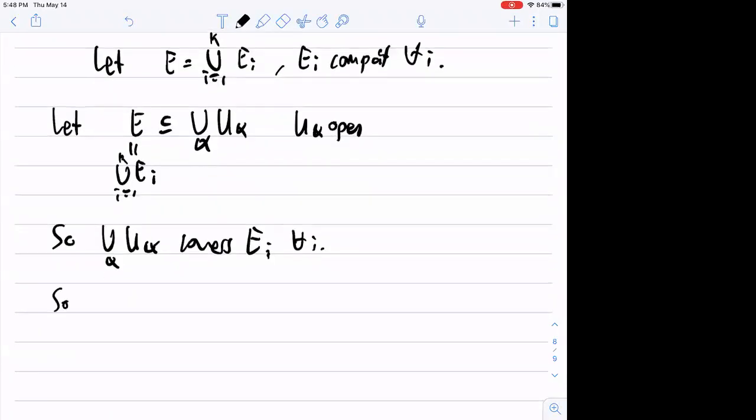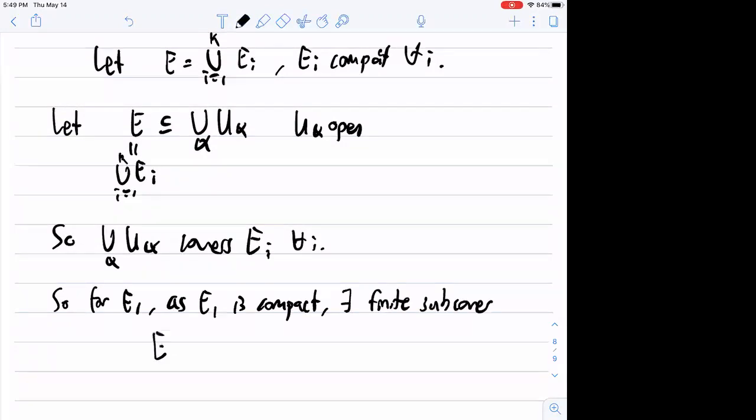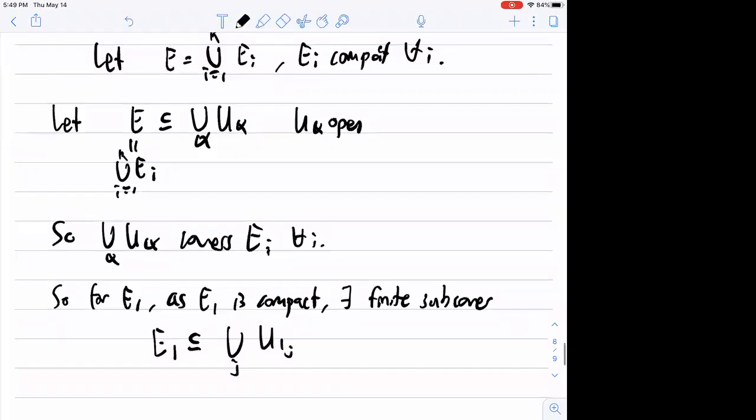So let's say for E1, as E1 is compact, there exists a finite subcover. I'm really bad with notation. So E1 is contained in the union over j of U_1j, where this is finite.